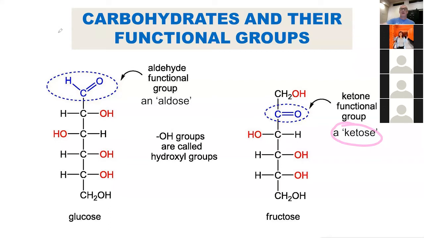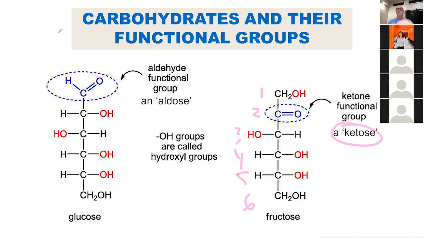Now we call that position 2, even though it has a higher functionality than the others, because we want to keep the same numbering system. So we go 1, 2, 3, 4, 5, 6.